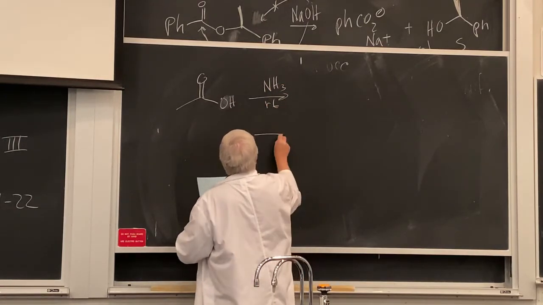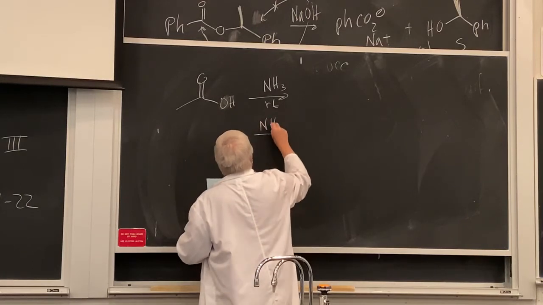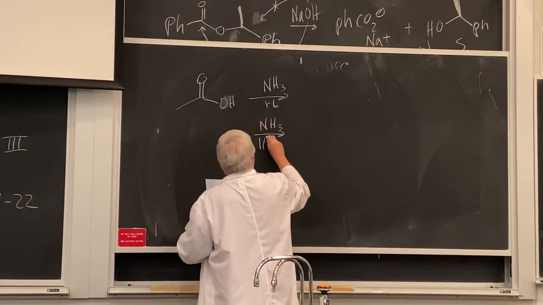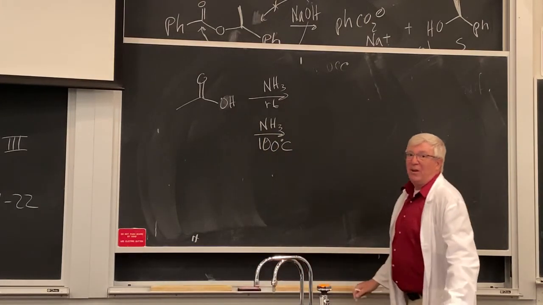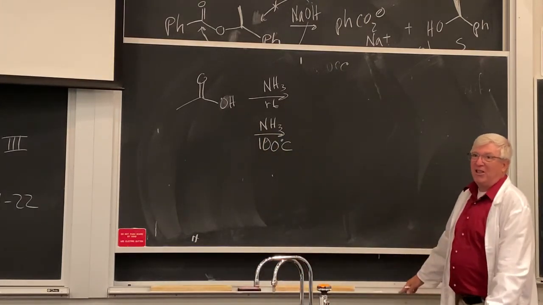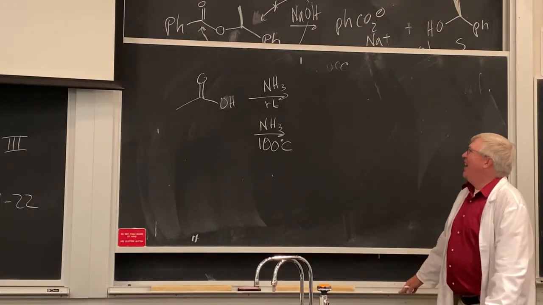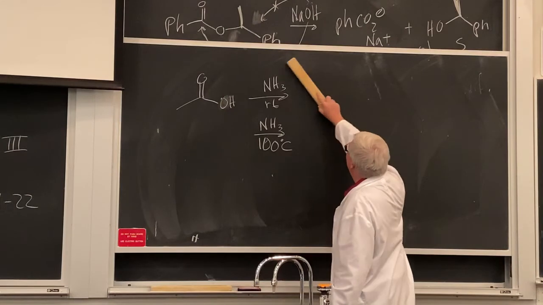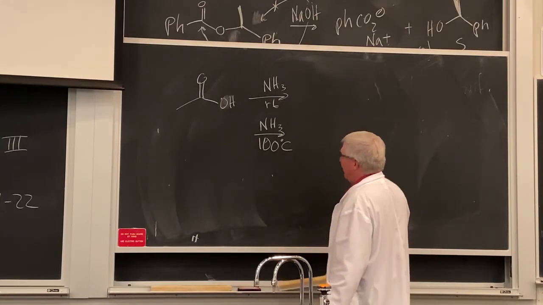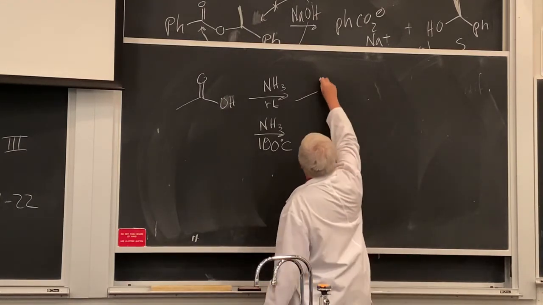You can do it at room temperature, or you can do it at 100 degrees. And those are the 2 temperature differentials we'll have for the class. The book is kind of unclear on this. Okay, I'm going to say room temperature, and if you just react an amine, ammonia, or whatever amine with a carboxylic acid, what do you get?